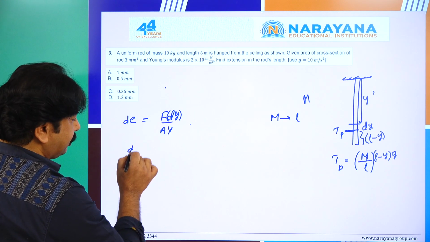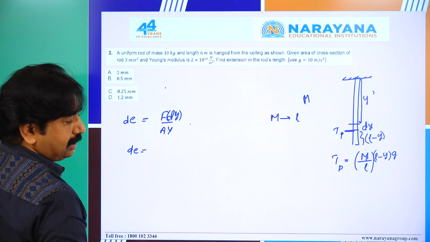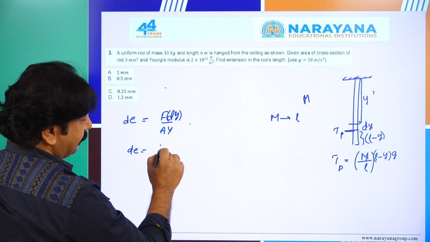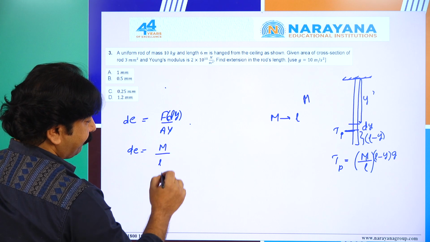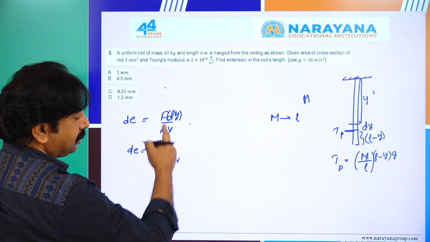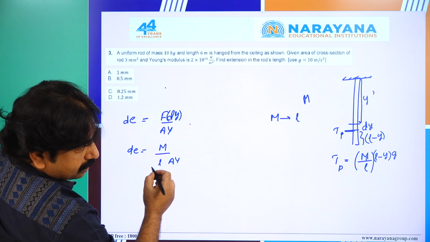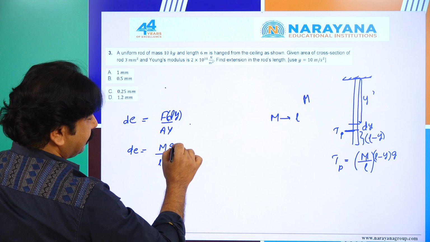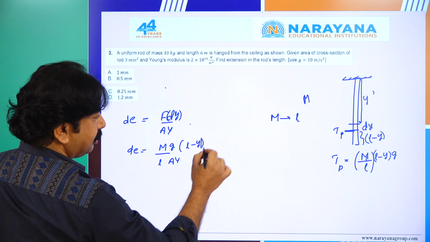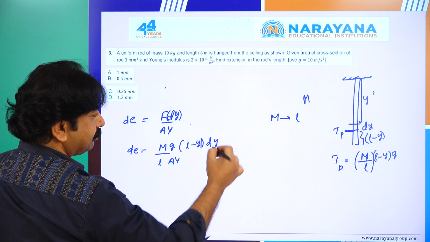So the elongation in this part is dE, and we can write F equal to M by L of A y. Already we are containing the same part, and the remaining part is mg, and we write here L minus y into dy only.